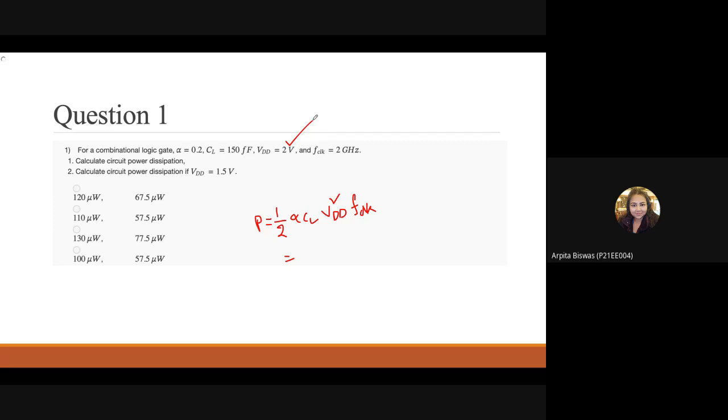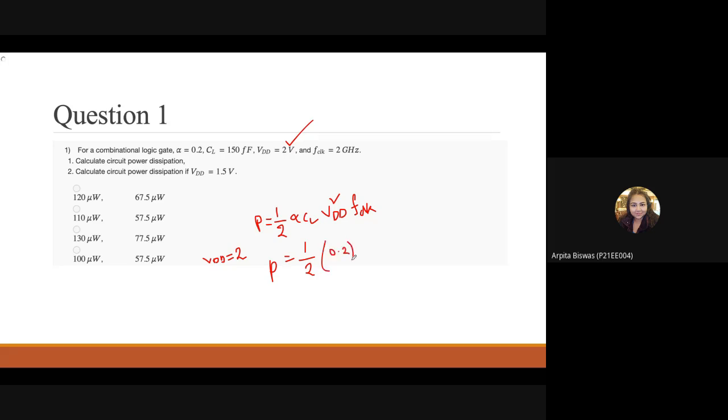So using the dynamic power with the switching activity defined per 0 to 1 event, P equal to half of alpha into CL VDD square into F. So if VDD equal to 2, first condition, tell me in that what is the value of this P? Half of alpha. Alpha value is 0.2, right? 0.2.